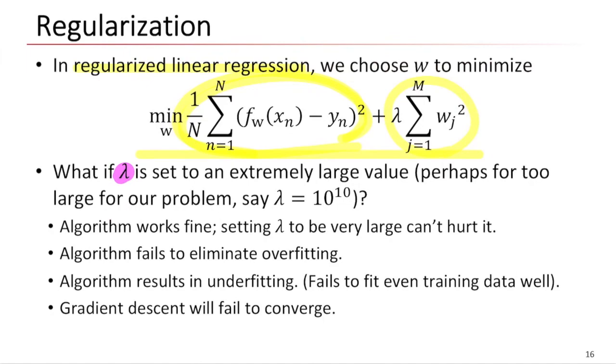The penalty parameter, right? What if the penalty parameter is set to an extremely large value? Let's say lambda is equal to 10 to the 10, something like this. This is extremely large, right? Then what happens?